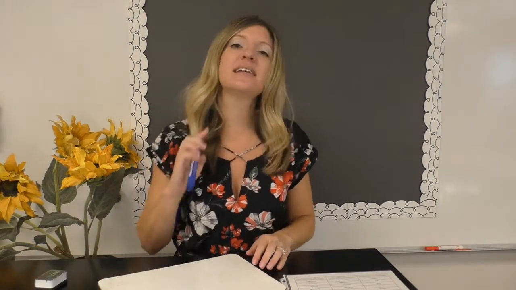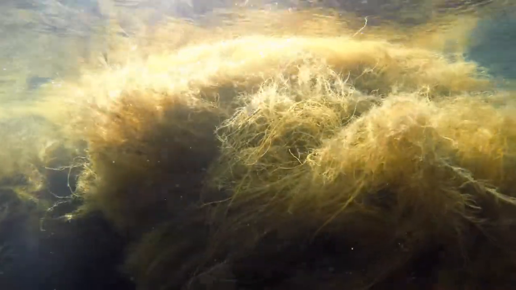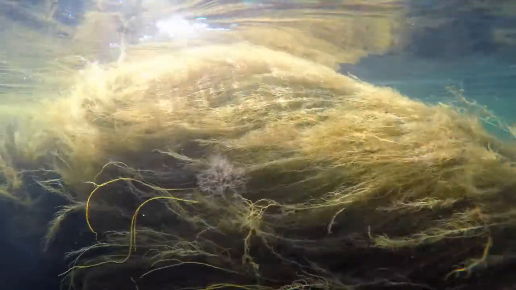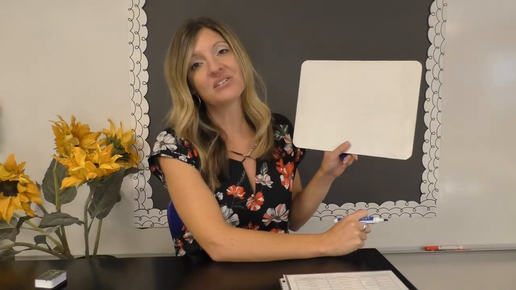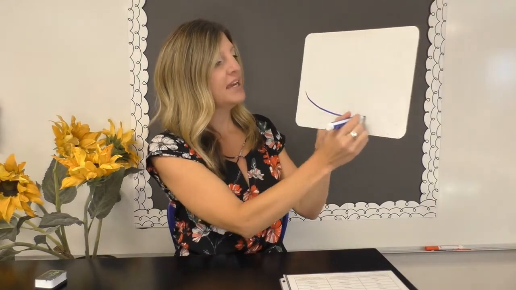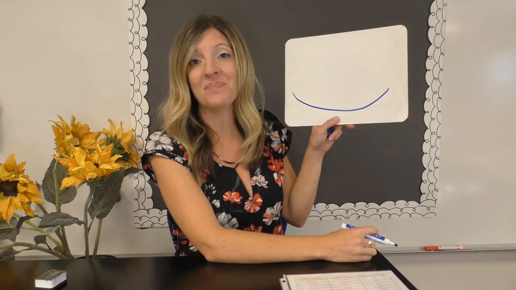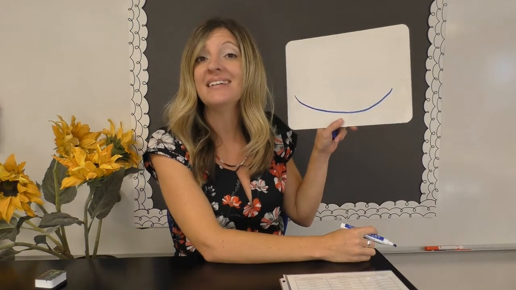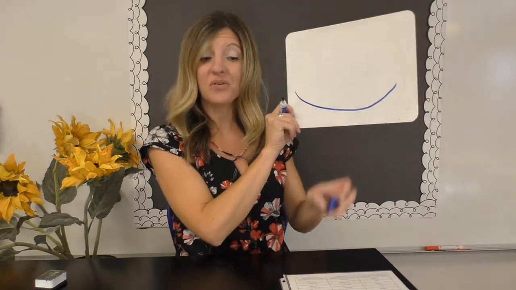What if I want to spell the word kelp? I went diving in the ocean and I saw green kelp. All right, first strategy when we're going to spell a word we don't know is we ask ourselves, how many syllables? The word is kelp. Kelp has one syllable. Step number 2, tap out the sounds in the syllable.